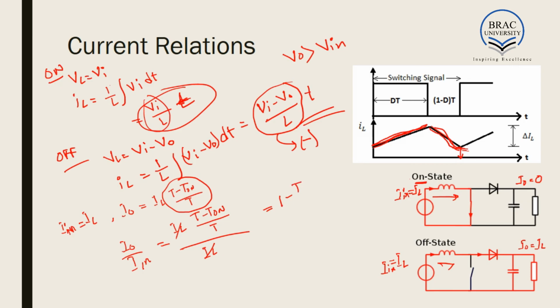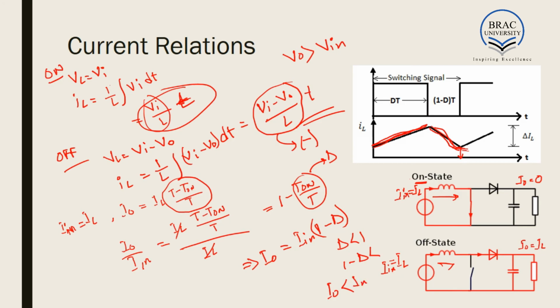Here we get 1 minus t on by T, which is equal to our duty cycle relation 1 minus D. So we get I output is equal to I input into 1 minus D. It is to be noted that since D is less than 1, 1 minus D is less than 1. So I output is less than I input. In the case of a boost converter, V output is greater than V input, but I output is less than I input. And this is the input output current relation.